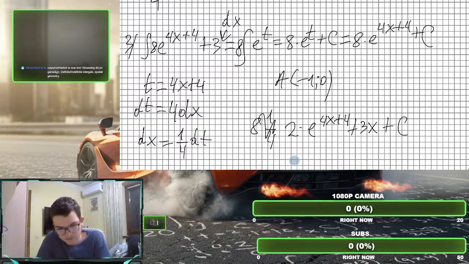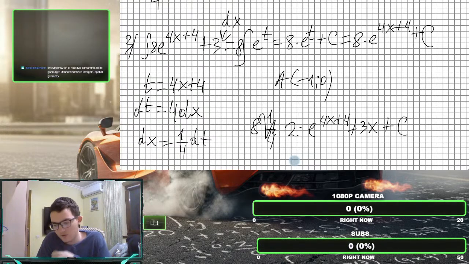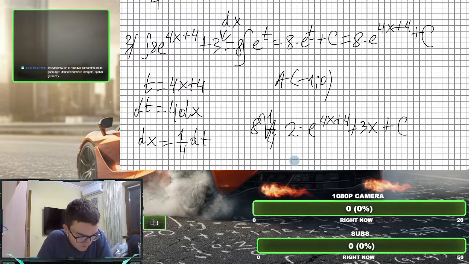Okay, so this is what you have. And now you have to find c for the values of coordinates from -1 to 0. This is what you actually have to find.